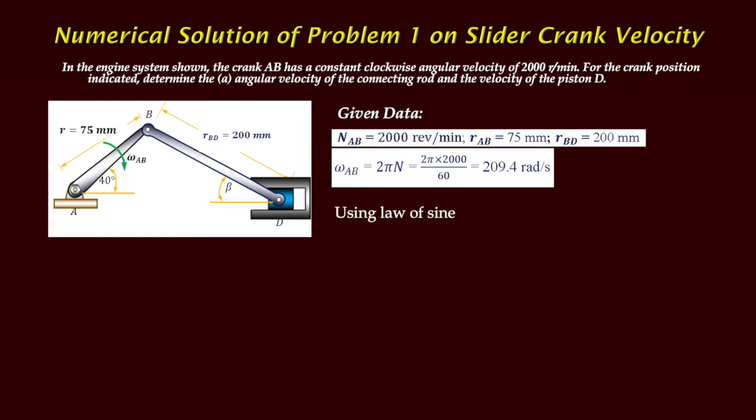Now using the law of sines. What is the law of sines? For any triangle, the side length by opposite angle ratio is the same.